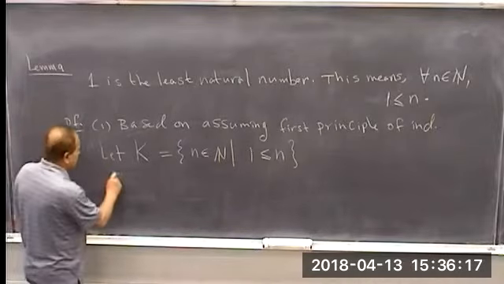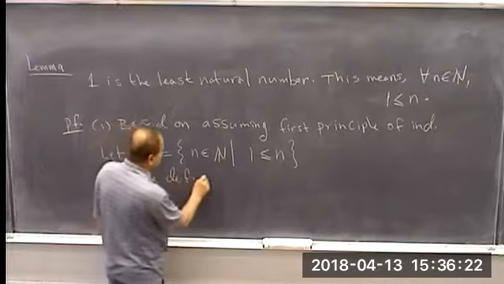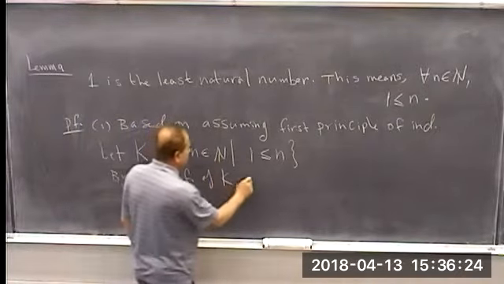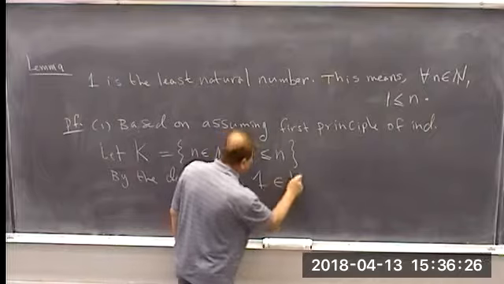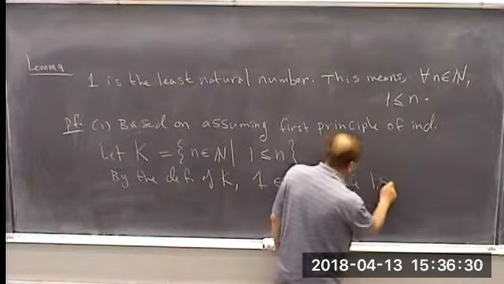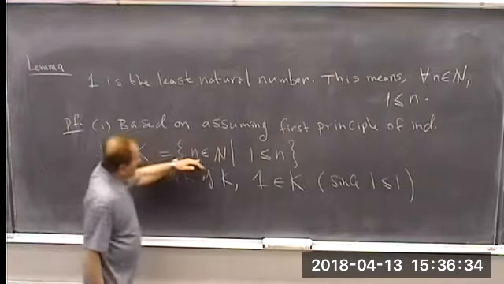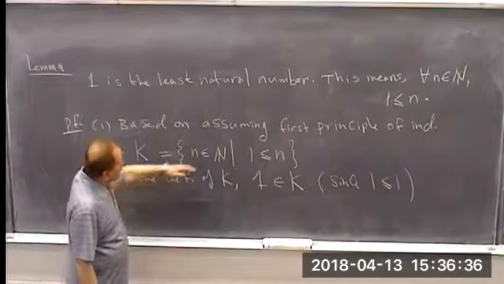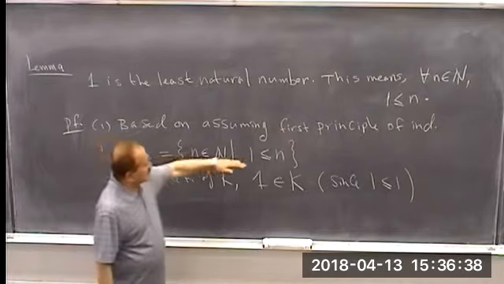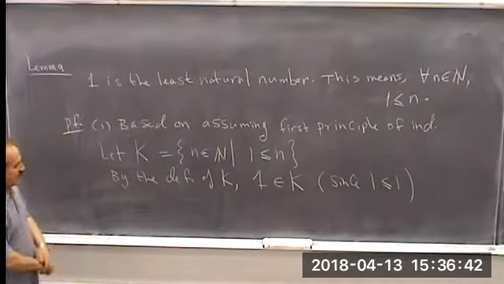First, by the definition of K, 1 is in K, simply because 1 is less than or equal to 1. Okay, so this holds. Because for an element, which is a natural number, to be in K, it must satisfy this property. Well, 1 satisfies this inequality.